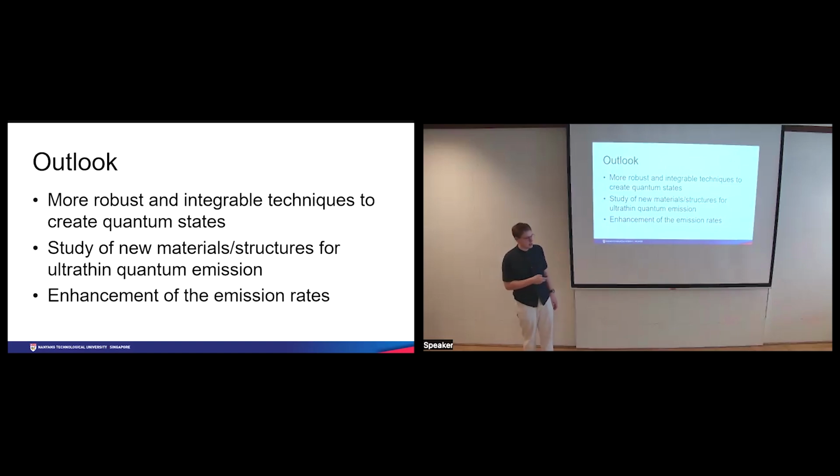I think this is something all the groups in this field are interested in, because the low photon pair generation rates need to be addressed. Otherwise the current realizations are still not efficient enough. It's a challenge because you have to work with such a low interaction length.